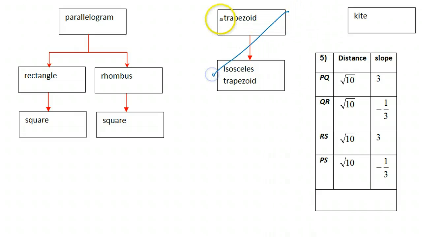So once again, it is not a trapezoid, not a kite. But now that we know it's a parallelogram, we have to decide, is it a rectangle? Is it a rhombus? Let's start with rectangle. Well, you know what? Let's start with rhombus because that's the most obvious. If it's a rhombus, it's going to have 4 congruent sides.